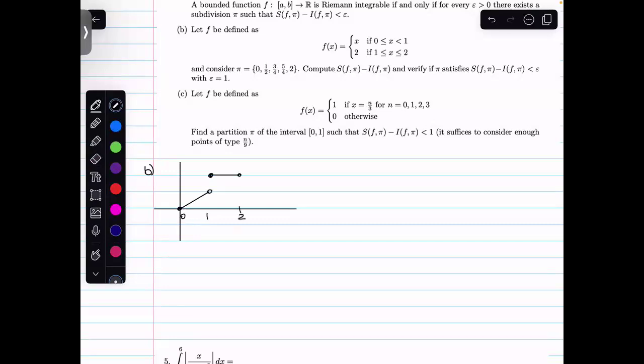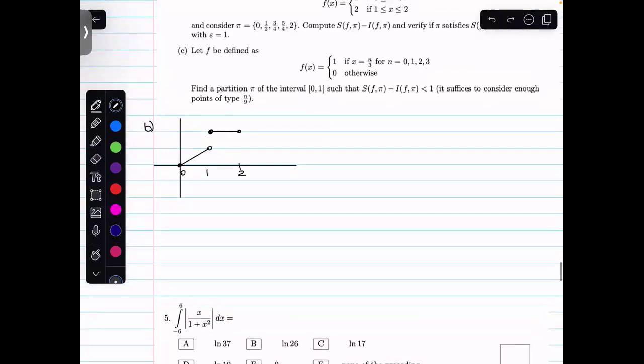Now, if we're calculating upper and lower integral sums, we're going to have to find the infimums and the supremums in each of those subintervals that they give us. And in this case, since the function is increasing, no matter which subinterval you're considering, let's say you take the first one, 0 to 1/2, so we're just taking this portion of the function right now, you can see that the lowest point is the endpoint on the left, and the highest point is the endpoint on the right.